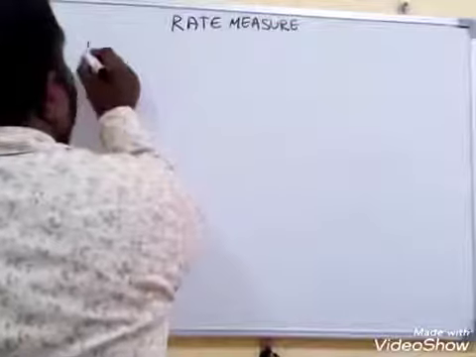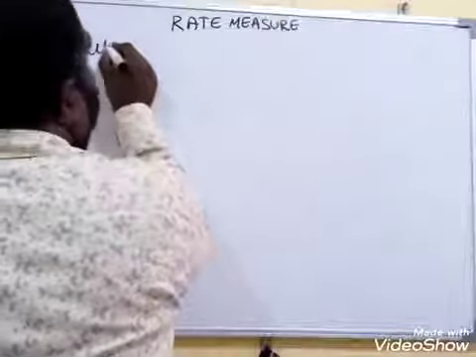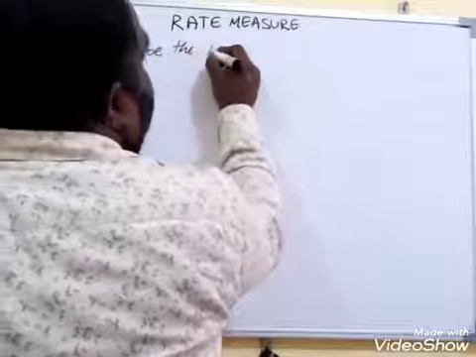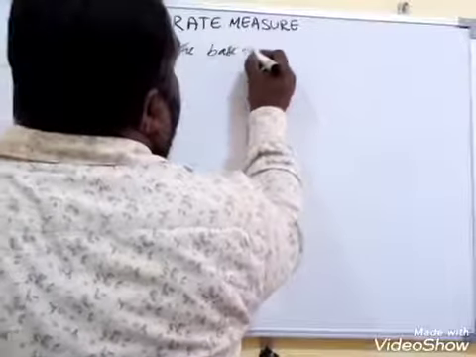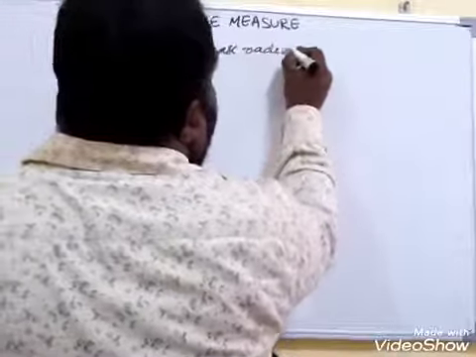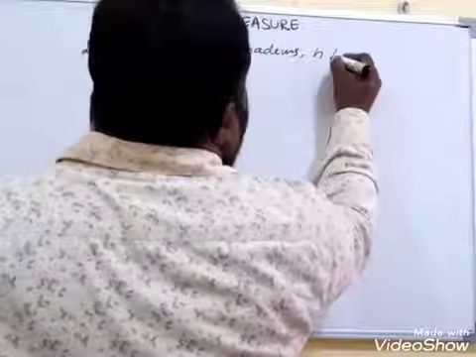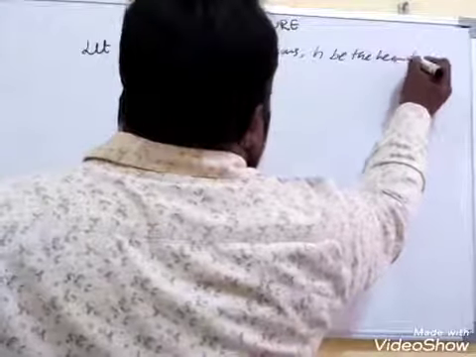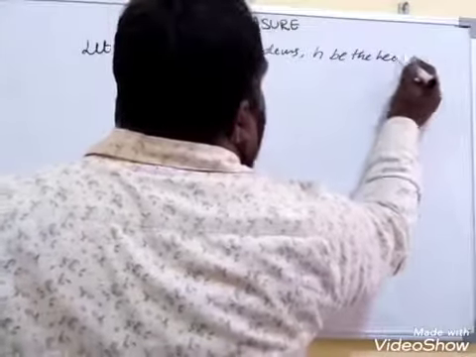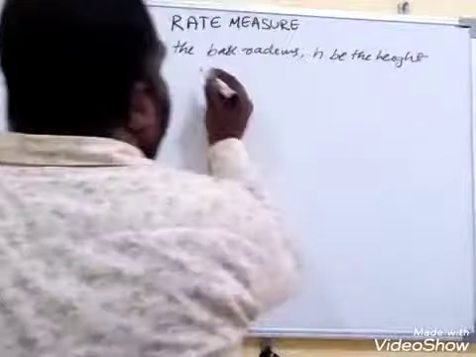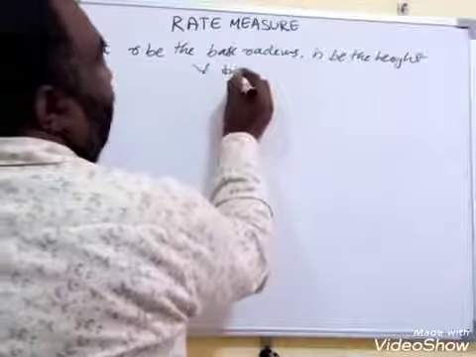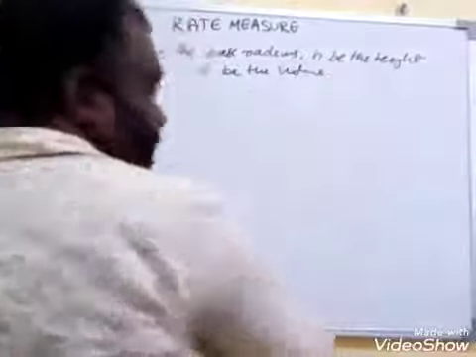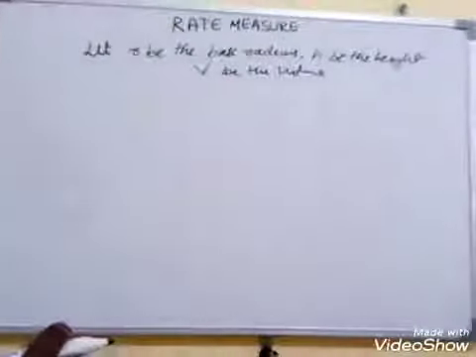First of all, let R be the base radius and H be the height, and V be the volume of the cone.